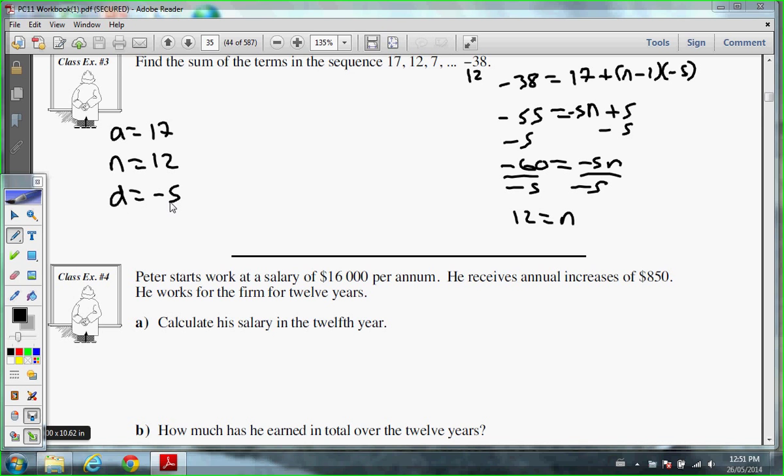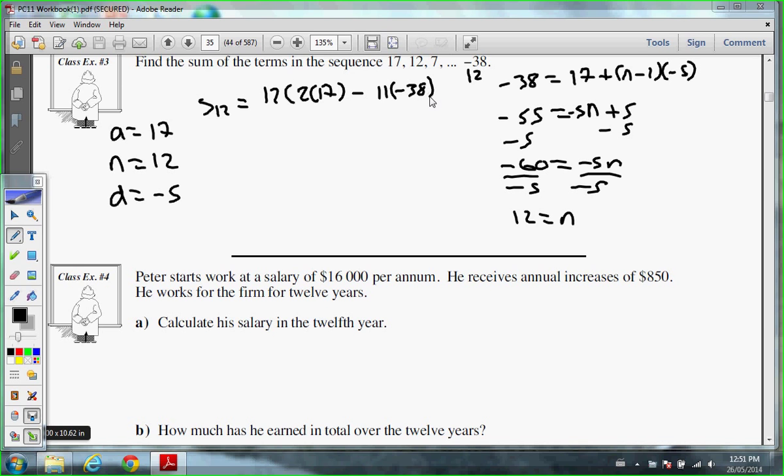Going back to that, we want S of 12 equals 12 times 2 times 17 minus 11 times negative 38.